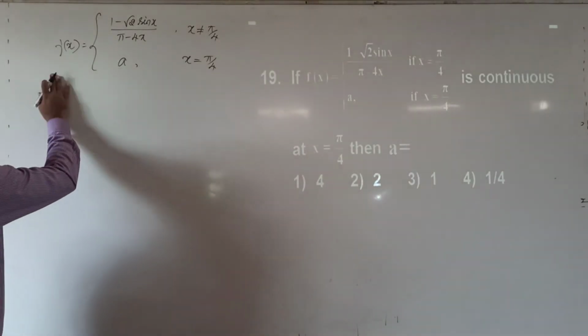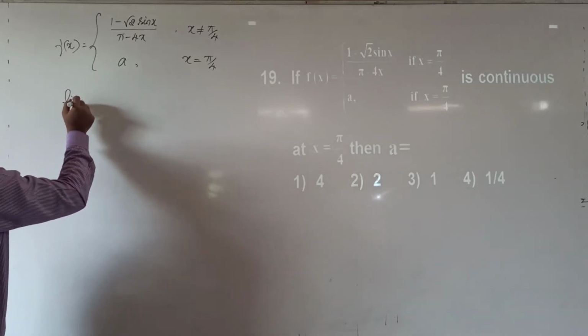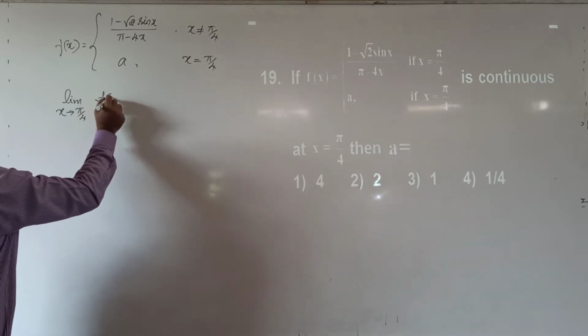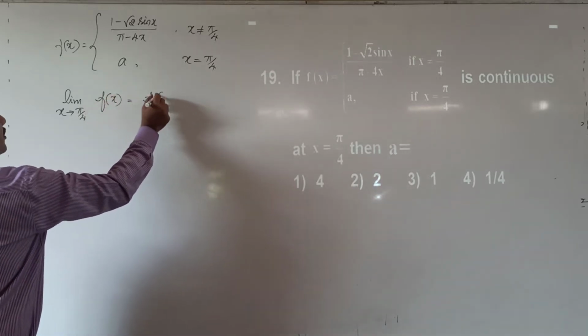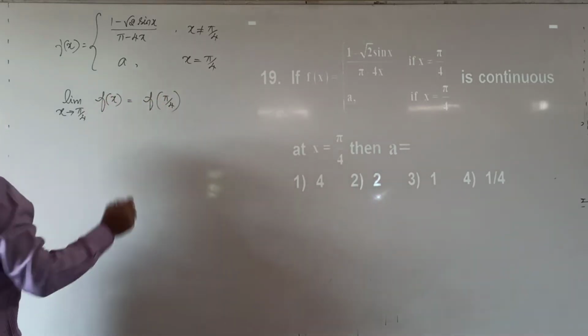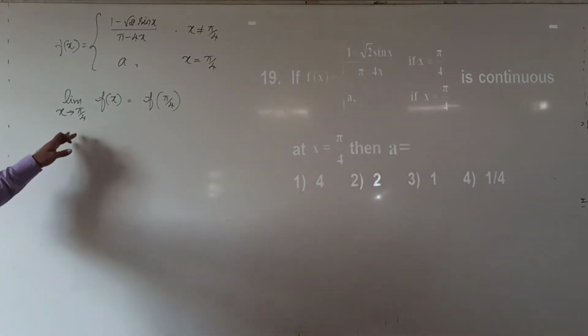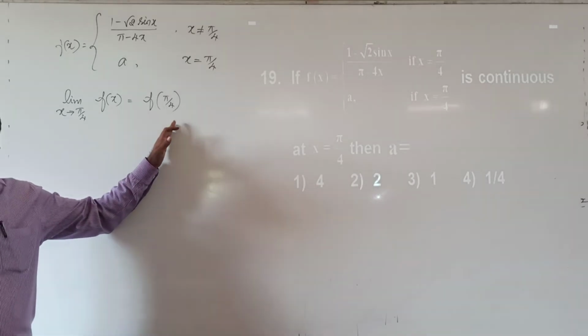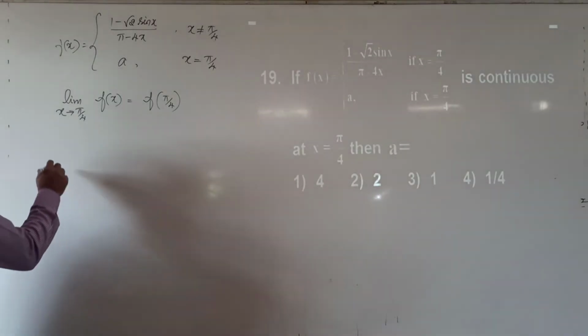It is continuous at x equal to pi by 4 means limit x tends to pi by 4 f of x is equal to f of pi by 4. By definition, limit x tends to pi by 4 f of x is equal to f of pi by 4. Okay?